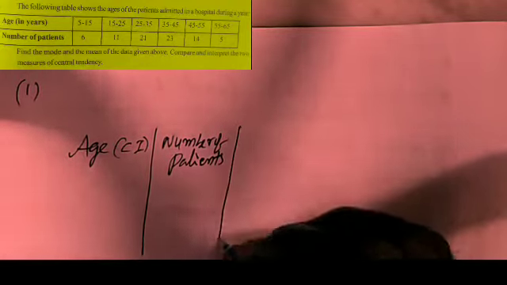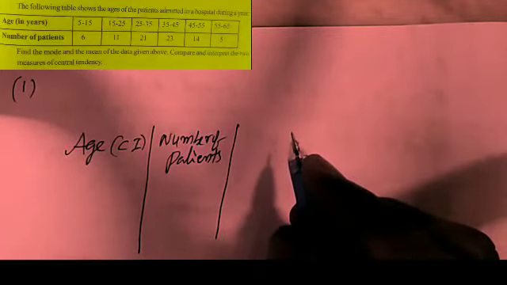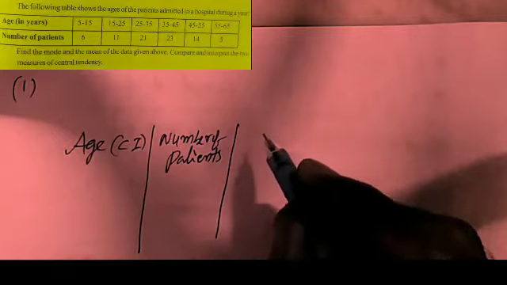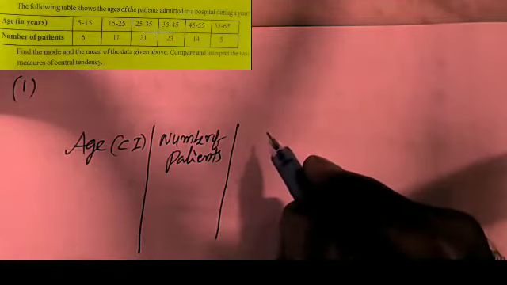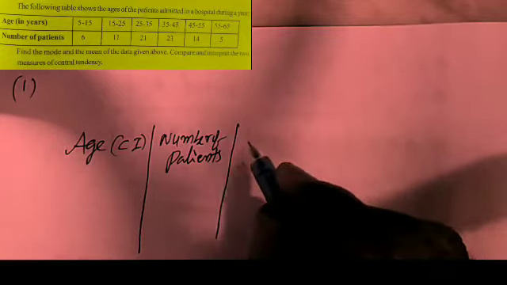So, age in years is taken as class interval. Number of patients taken as frequency. So, this is enough for finding mode, but in this problem we have to find mean and mode.